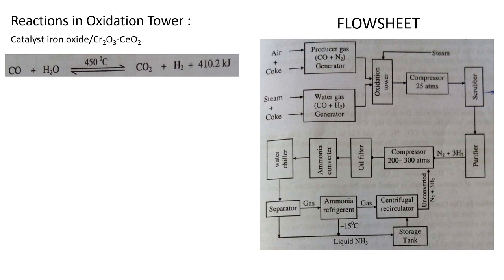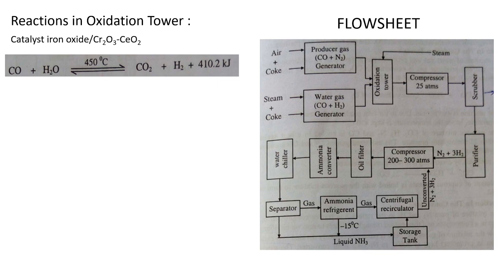So these gases are passed through scrubber, you can see here. After compressing at 25 atmosphere, they are sent to scrubber. Now the name itself, you know what is scrubber. Scrubber, you must have heard this name in market. The scrubbers are used to remove the unwanted thing wherever it is required.